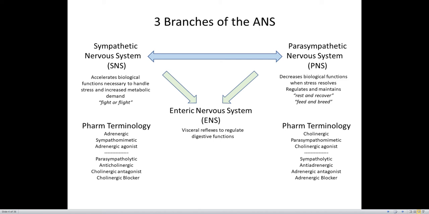So think about fight or flight. When we give epinephrine, somebody who needs to run or fight doesn't need to have more blood flow to their kidneys or their gut. So those areas are going to vasoconstrict to redirect blood flow more centrally to the heart. And in the beta-2 agonist section of that, we're going to vasodilate the muscles because you need muscles to run and to fight.